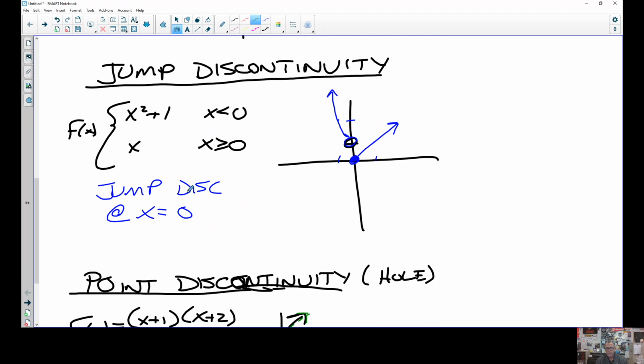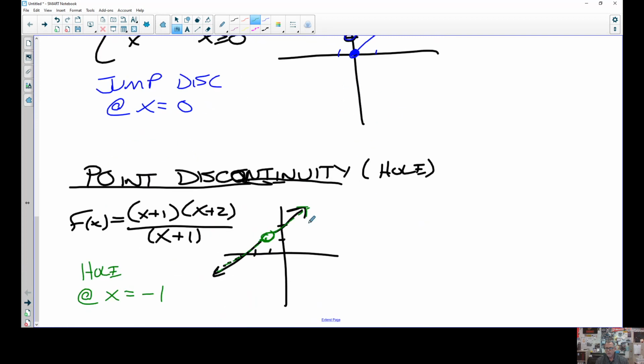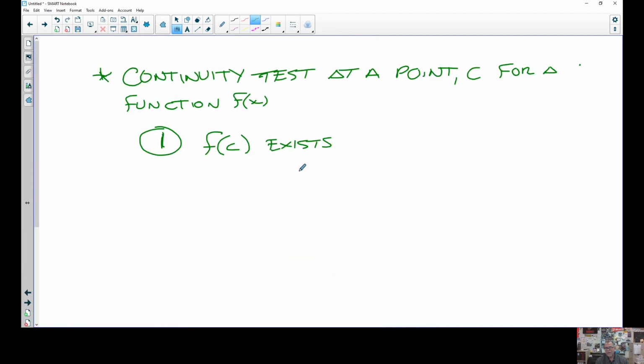If I was investigating at x equals 0, f of 0 is 0. So it would pass the first test. This one, if I was looking at -1, would fail the first test. So different things can fail in different ways. So f of c exists. That's the first thing we have to check. And all we have to do to pass this test is write f of whatever value we have equals some value. I'm going to give you examples of that in a minute.